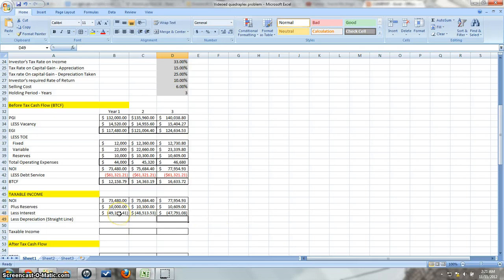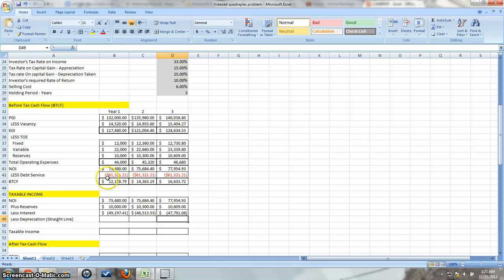And one way to know that you're doing it right, your interest should be going down, because as it works, an amortized loan is paying less principal in the beginning and more interest, and slowly you start paying more principal and less interest, but you're still paying that same amount every year typically, except for maybe the last year of the loan and that last payment of the loan.